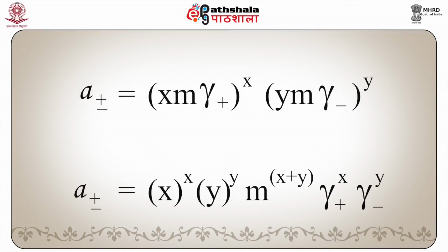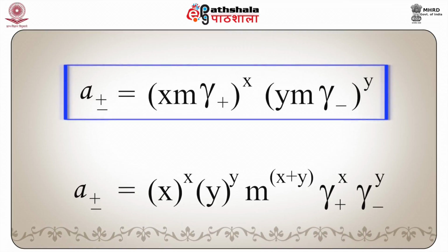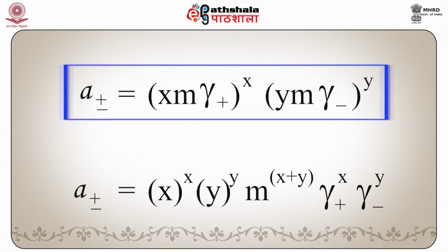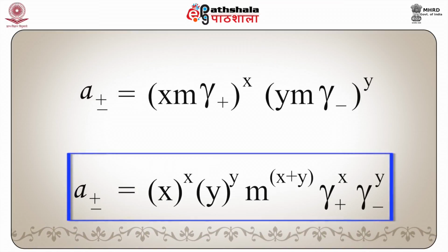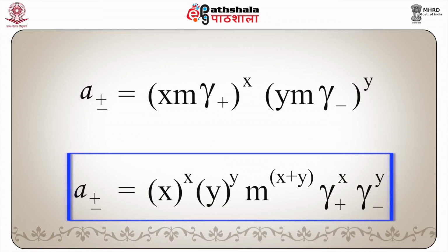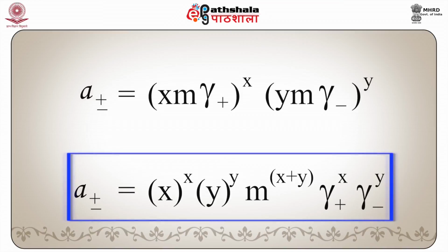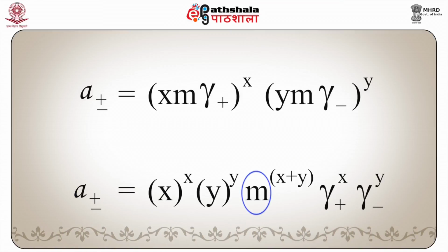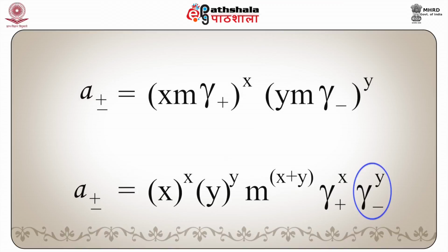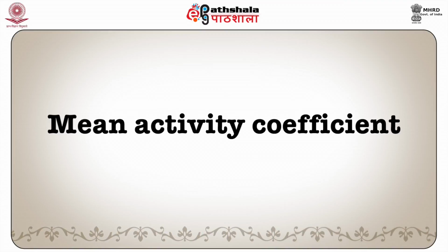Substituting this in equation 4, we get a± = ((x m γ+)^x × (y m γ-)^y)^(1/(x+y)), which can further be written as a±^(x+y) = x^x × y^y × m^(x+y) × γ+^x × γ-^y, where m is the molality, γ+ is the activity coefficient for the positive ion, and γ- is the activity coefficient for the negative ion.